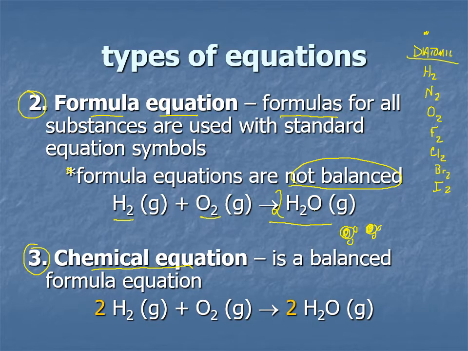Now that I have 2 oxygens, my oxygens are in balance. But I did affect the hydrogen, because now I have 2 times 2, which is 1, 2, 3, 4 hydrogens, but I only had 2 on the left when I started. So I can simply double that amount to make 4. And so now that I have 4 hydrogens and 2 oxygens, I have 4 and 2 respectively over here.